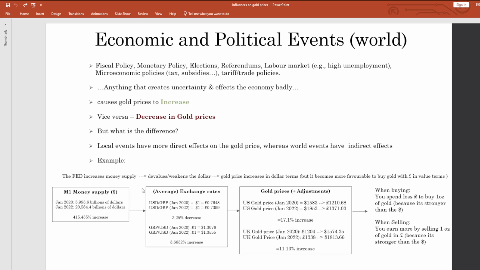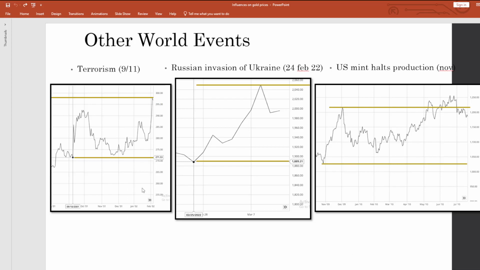So what about some other events? There can be other world events that can affect the price of gold. We have 9/11 here. As we can see, there's a really sharp rise in the price of gold following this tragedy. And similarly, you see that when Russia invaded Ukraine on the 24th of February last year, the price of gold did increase bit by bit over time.